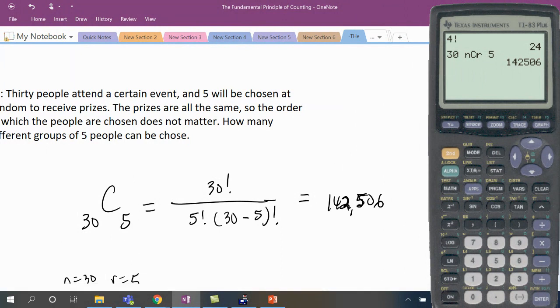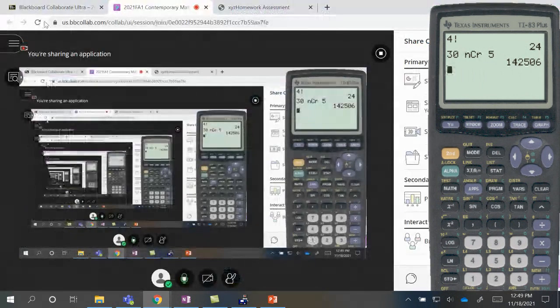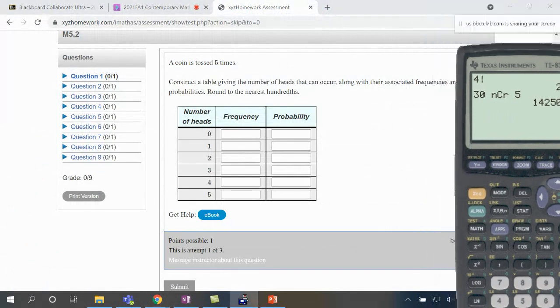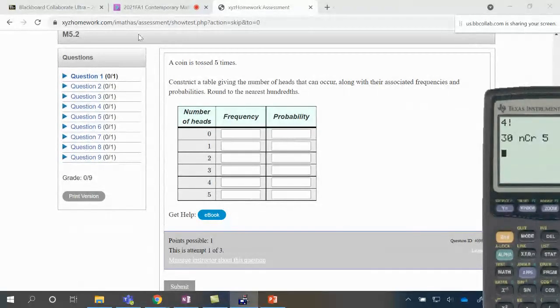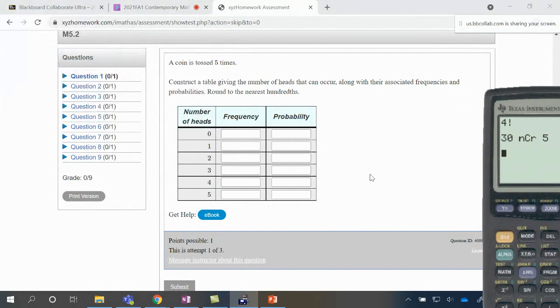Now we're going to use these two concepts to answer some questions. In particular, this question says a coin is tossed 5 times. Construct a table giving the number of heads that can occur, along with their associated frequencies and probabilities.